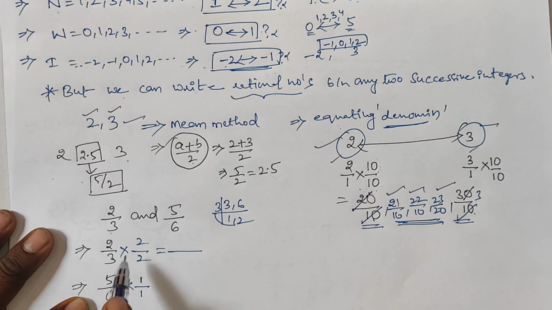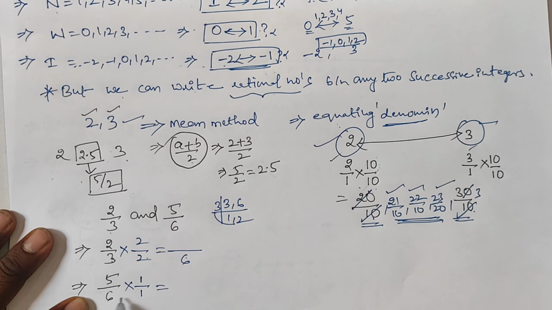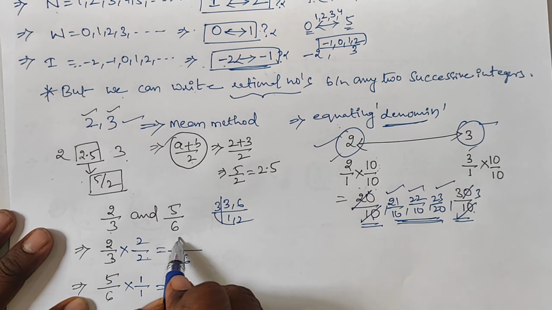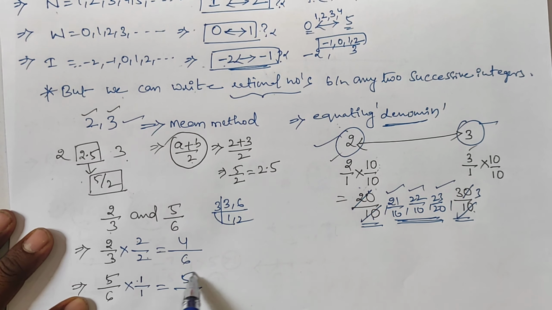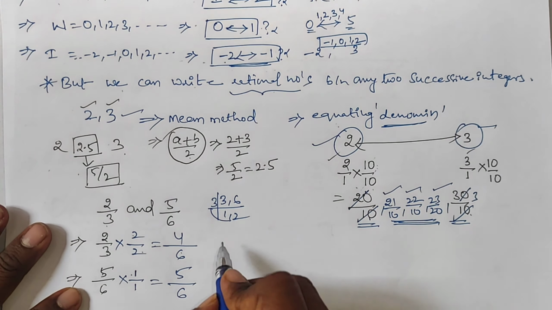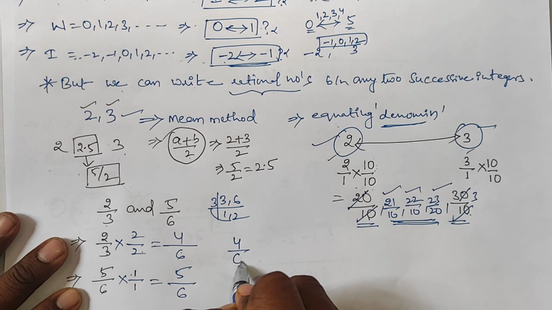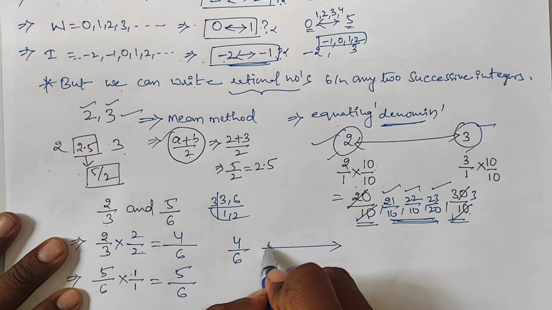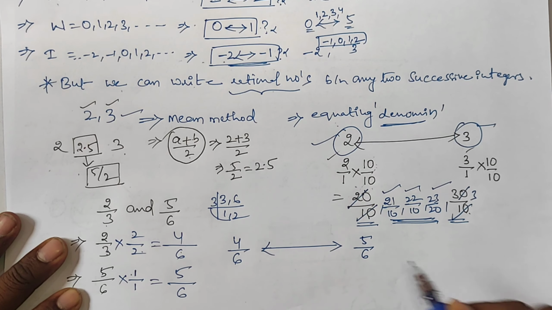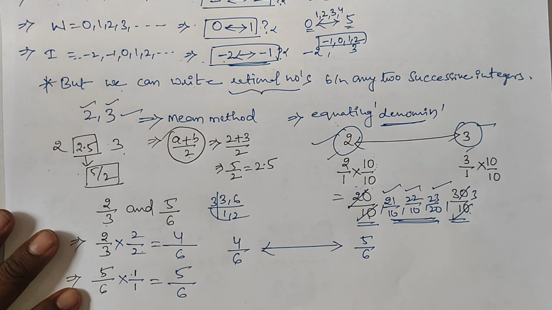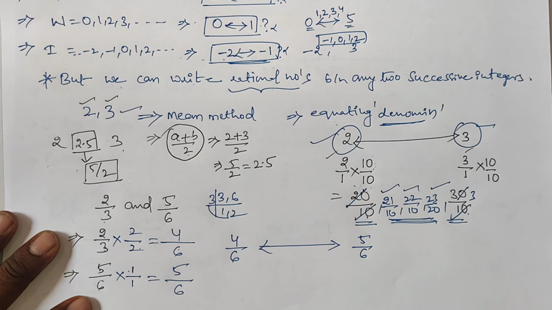Check the denominators: 3 twos are 6 and 6 ones are 6. Numerators: 2 twos are 4 and 5 ones are 5. Now we have 4/6 and 5/6, like fractions.